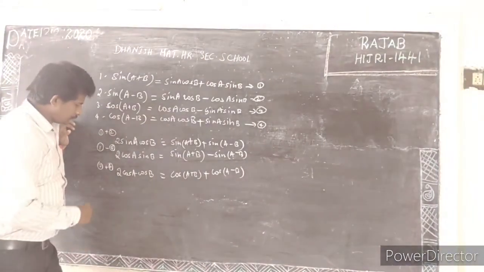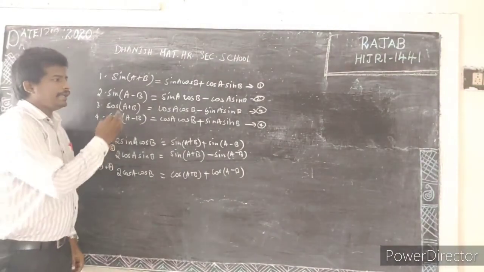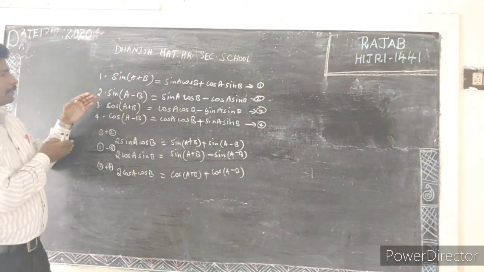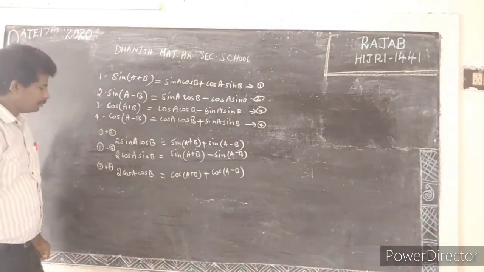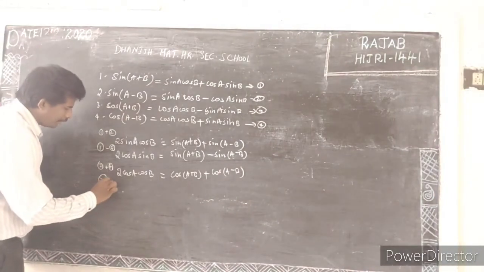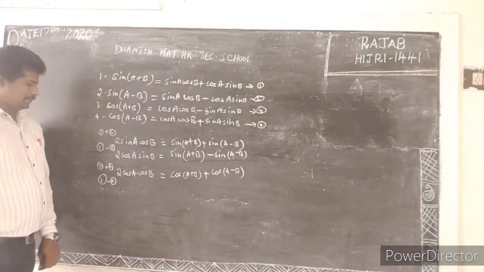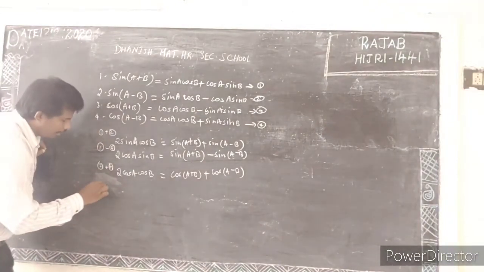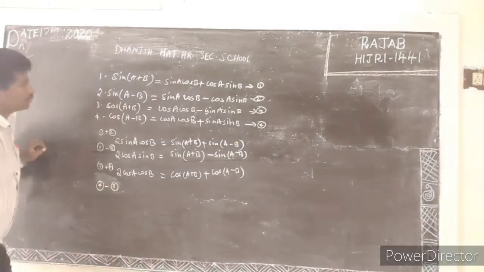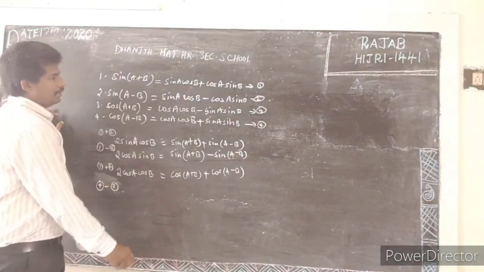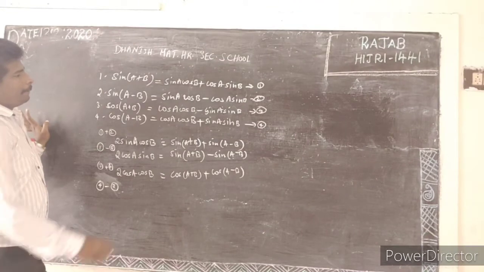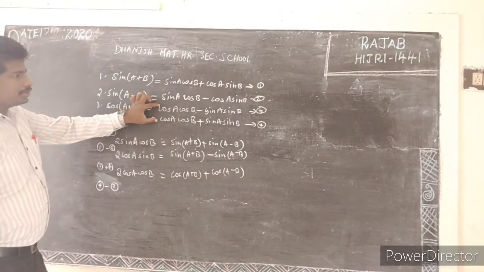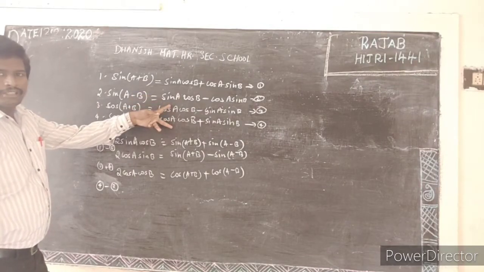Now I am going to subtract equation 3 from 4. So 4 minus 3. So what will happen? If we subtract these two, the cos terms will get cancelled.